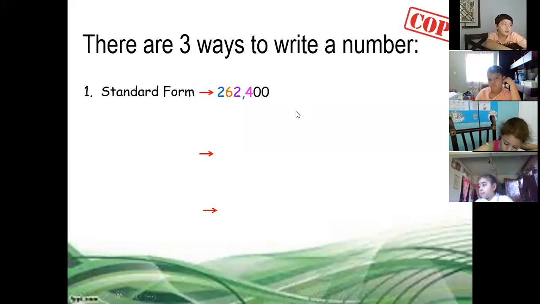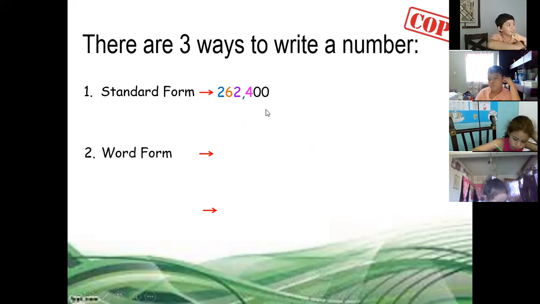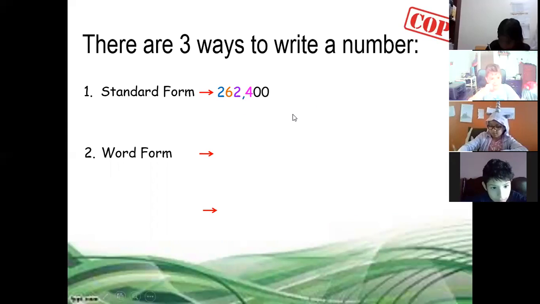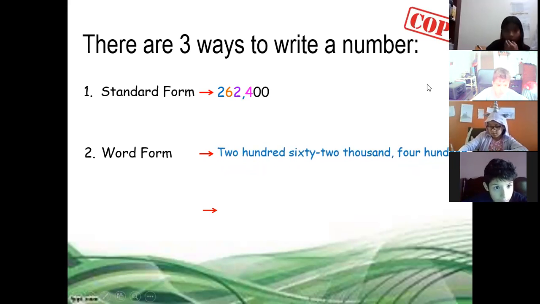Now, this is the standard form, the first one. The second way is word form. We use words to write the number. This one is the same number, 262,400.